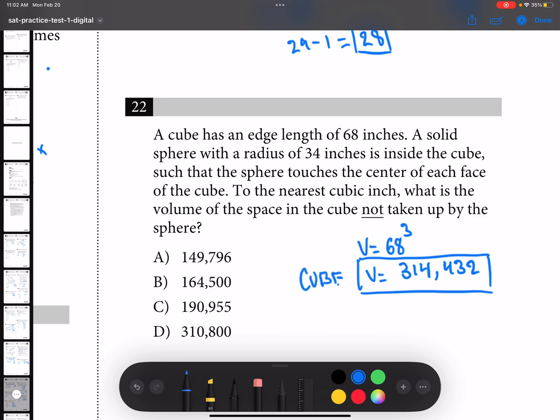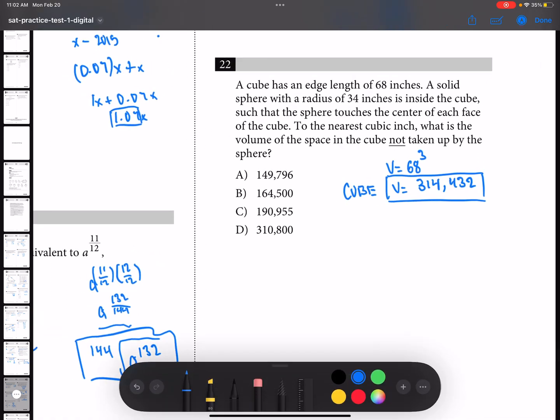Now we're trying to find the volume of the sphere. A sphere's volume is V equals 4/3 pi r cubed. So r is 34. This means 4/3 pi times 34 cubed. Once you multiply all of that, you should get about 164,636.